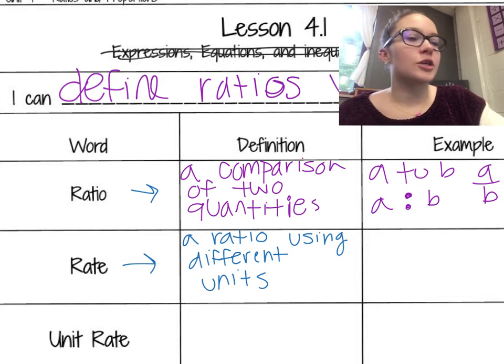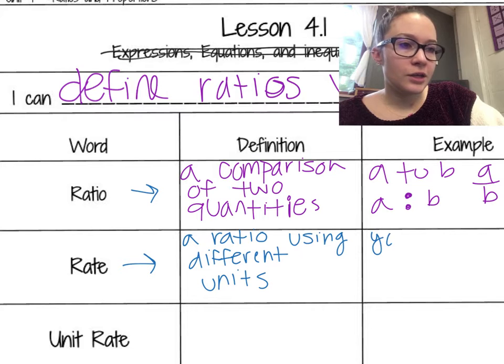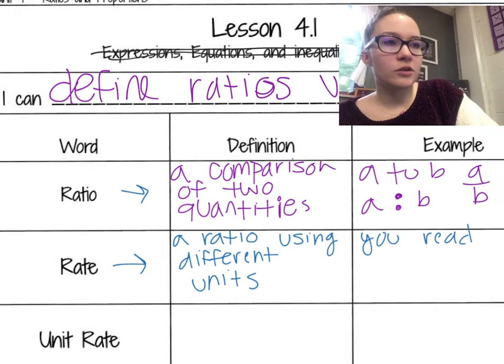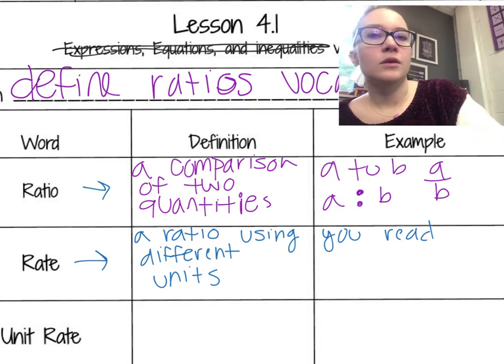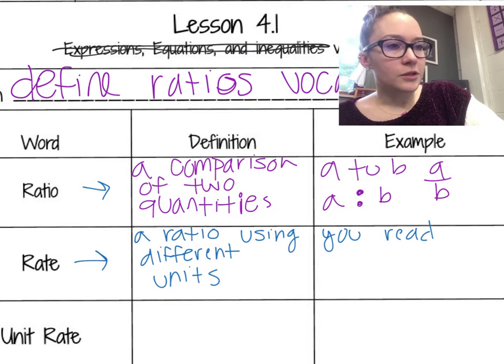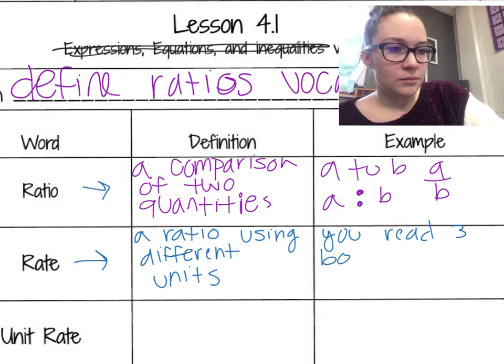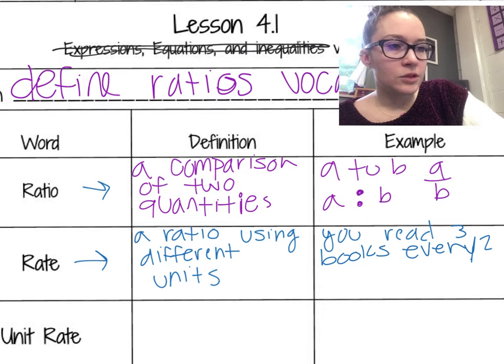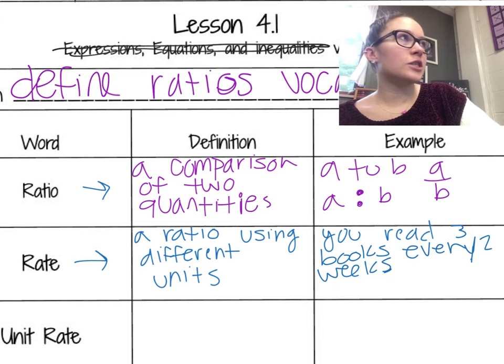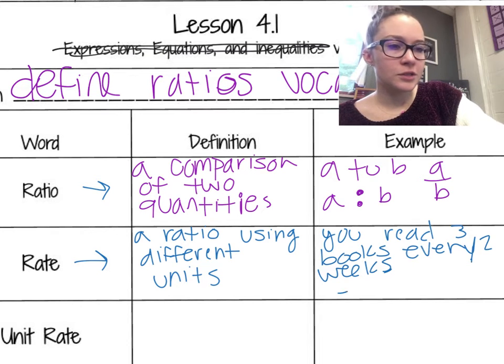Okay, so if you read 3 books every 2 weeks, the ratio would be 3 books.